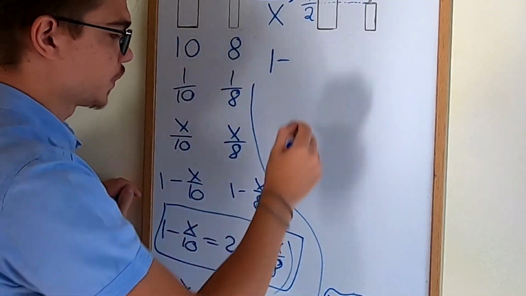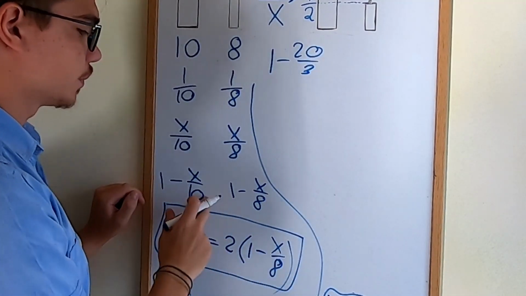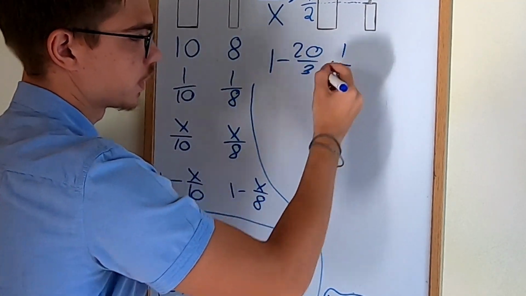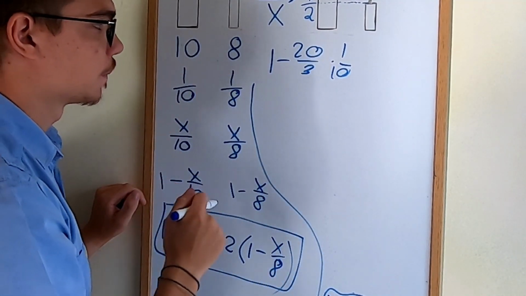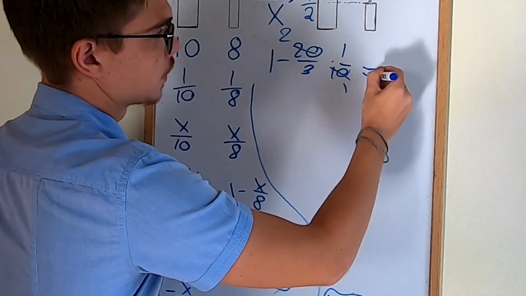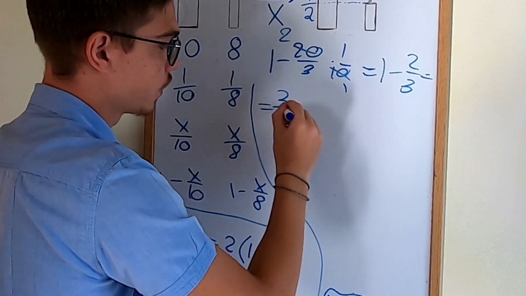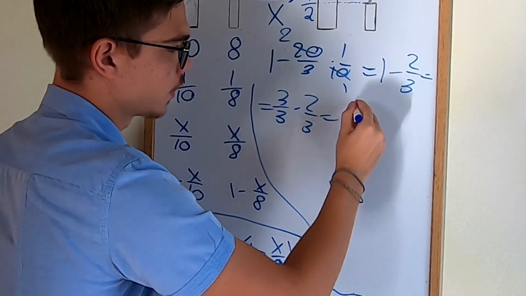So for the first candle we get 1 minus 20 over 3, which is x, divided by 10, I'm going to write as 1 over 10, multiplied by 1 over 10. Cancel the 10 to get 2 and 1, which gives us 1 minus 2 over 3, which gives us 3 over 3 minus 2 over 3, which is 1 over 3.